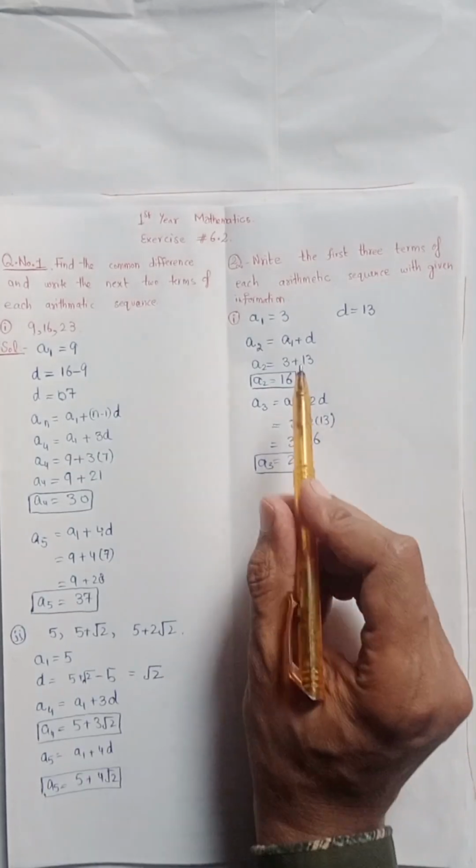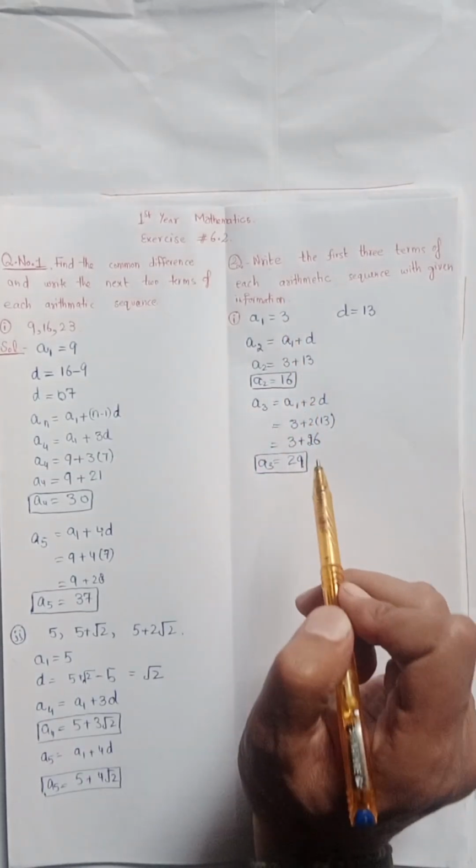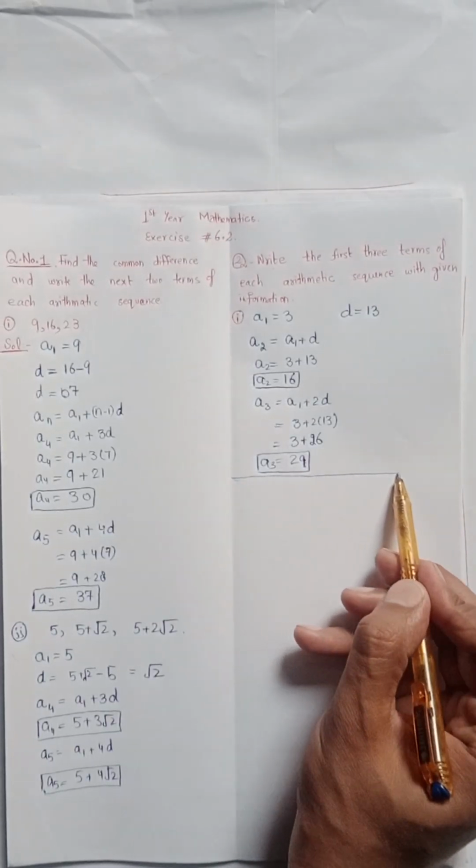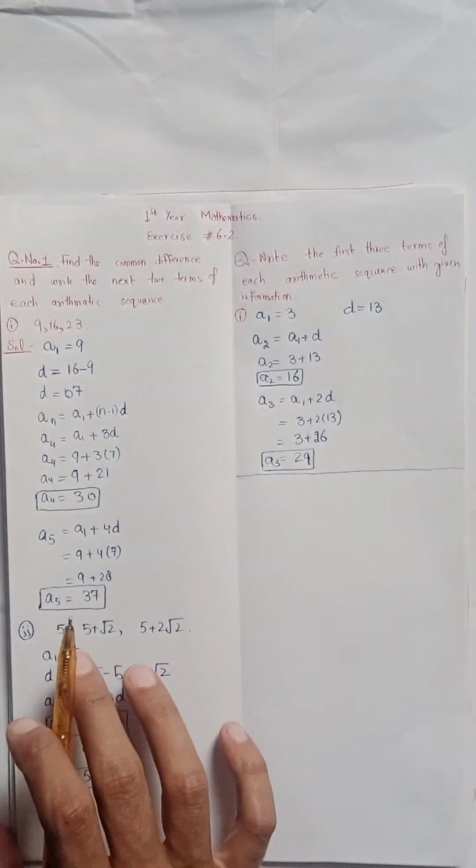And a1 is 3, a2 is 16, a3 is 29. This is our required result.